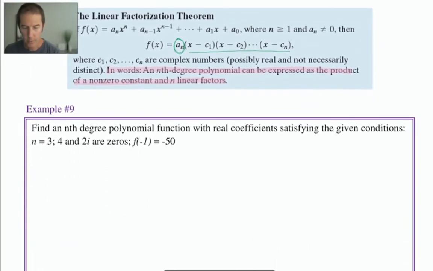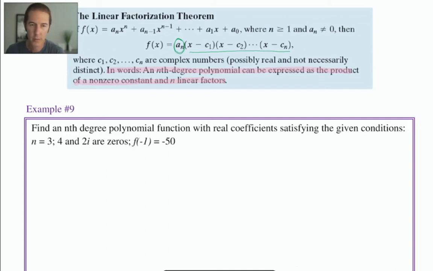We're going to work with one of those next. We're going to engineer one, actually. This problem gives us the opportunity to work with complex zeros. So the instructions are asking us to find an nth degree polynomial.